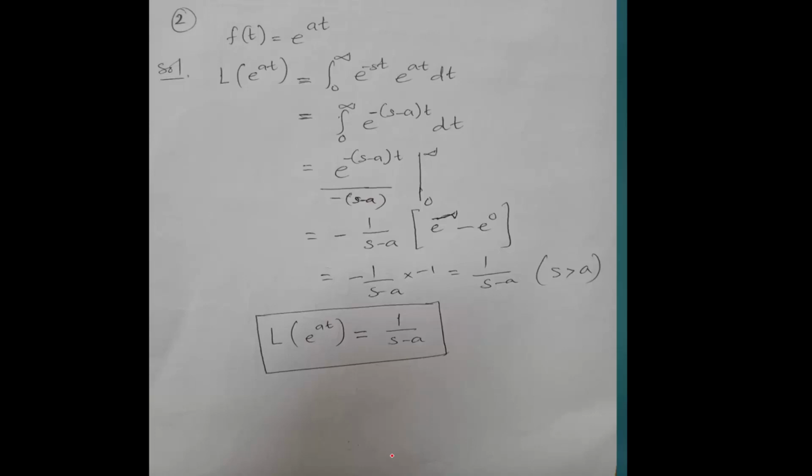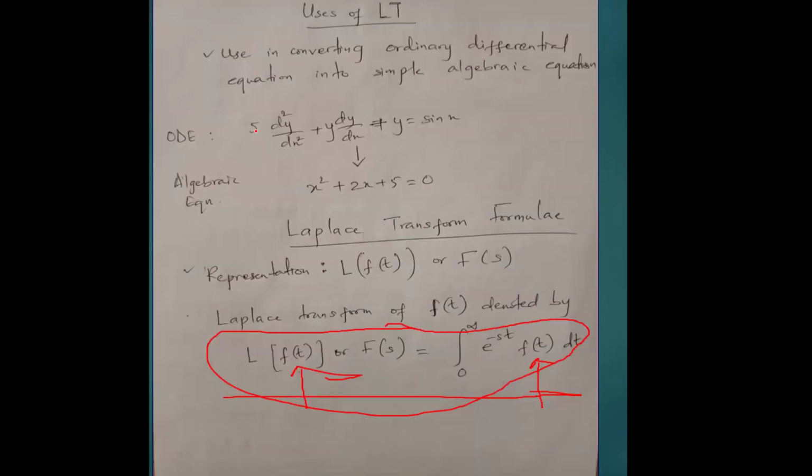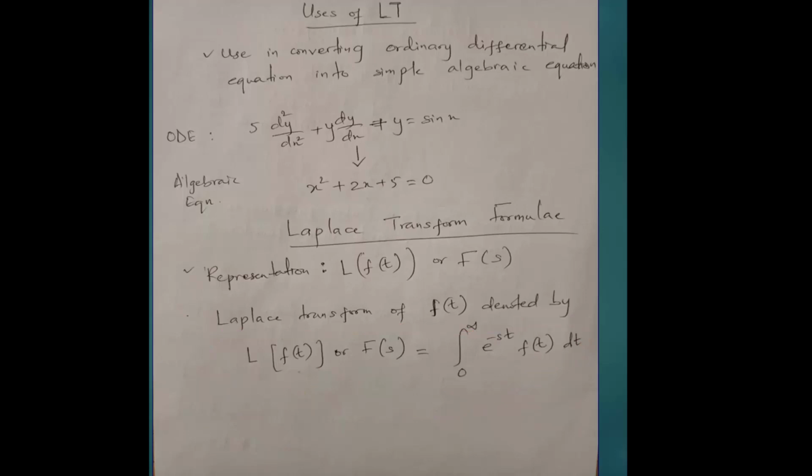Now how do you find the Laplace transform of an exponential function? This is an exponential function, right? So how do you find the Laplace transform of an exponential function? Again, you need to use this same formula. So now your f(t) value is what? E raised to at. So you need to replace here again. Let me erase this one.